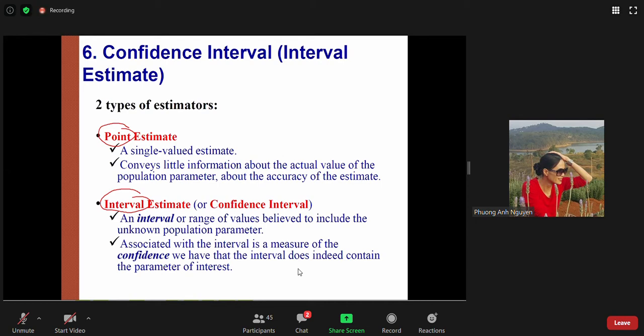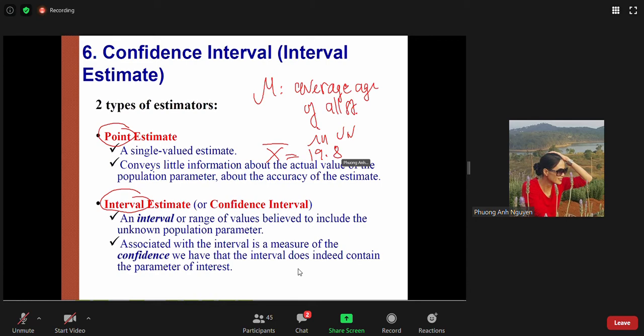For example, when I'm interested in the mu parameter, which is the average age of all students, it's unknown. If I take a sample, I can calculate the average age of students in my sample, and I get one value of X bar. I take a sample of 100 students, collect the ages, and calculate X bar. For example, I get the value 19.8.